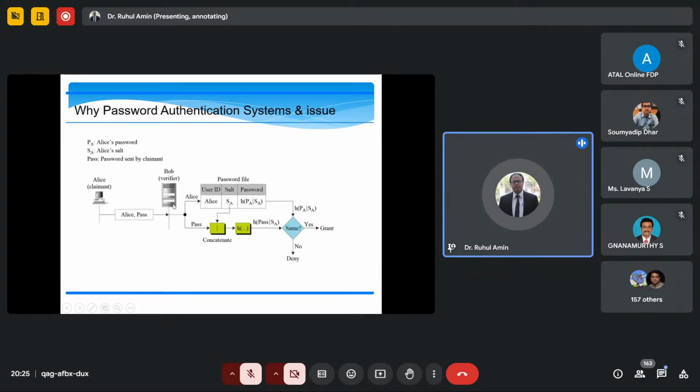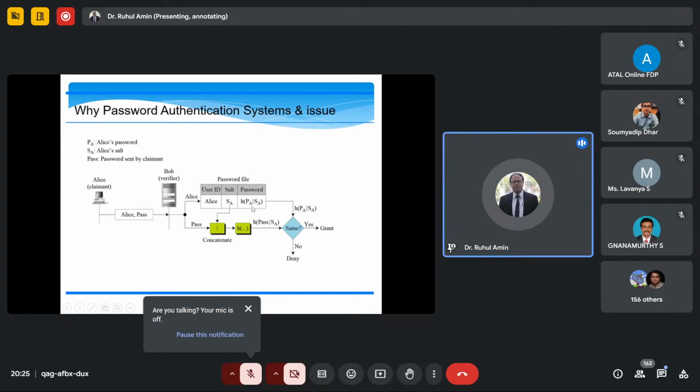So another technique is used, called the salting technique. In this salting technique, instead of storing the password alone, we concatenate another value, called the salt value. Here you can see SA is mentioned, and this SA is called salt, some kind of random information.